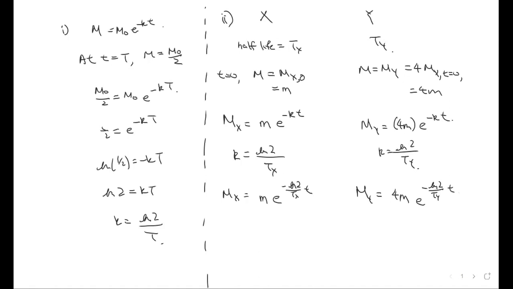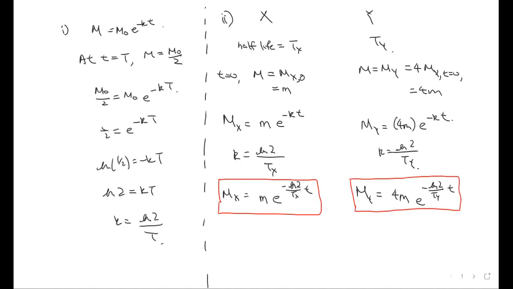So we now have expressions for mx at any time and my at any time. The question asks us to show the rock will contain the same mass when, basically, we want to solve these simultaneously. We want mx to equal my, and we want to find that t equals 2TxTy over Tx minus Ty. So that's basically what we'll do. We'll solve these simultaneously, so we'll write them out on the next page again.